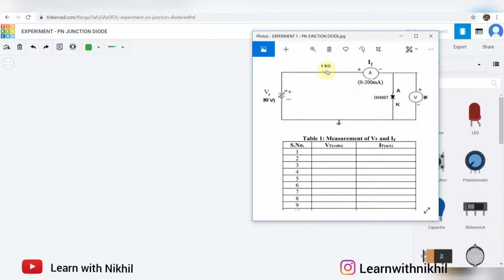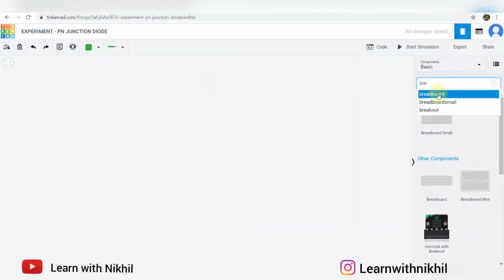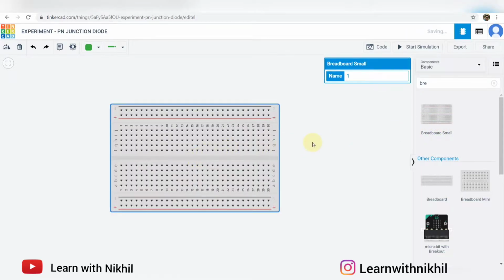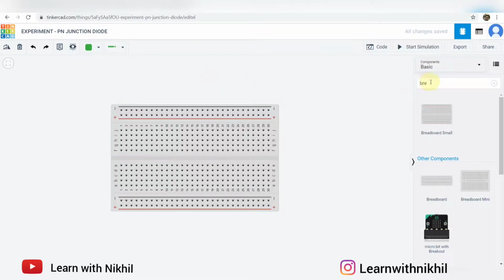In the circuit diagram, you have a power supply, a resistor, ammeter, diode and a voltmeter. So according to this circuit, we will take the components and will mount it on breadboard. So first I'll get a breadboard. This will be like your actual experience while you do the practical.